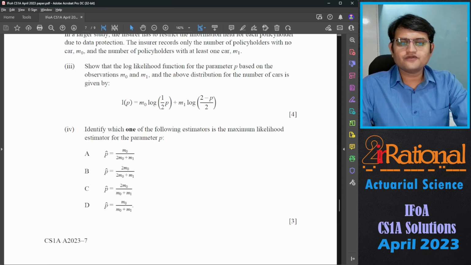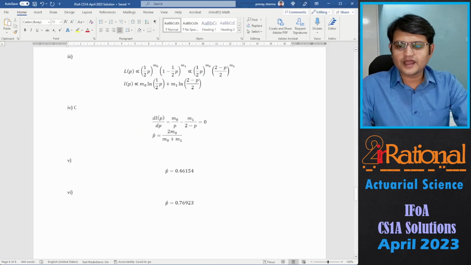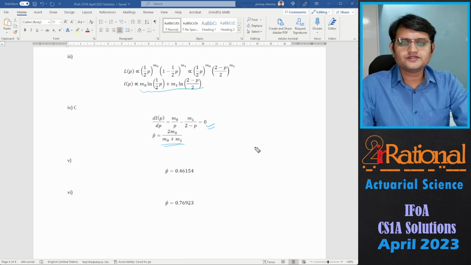Fourth part, identify which one of the following estimators is the maximum likelihood estimator for the parameter p. So we'll differentiate and we'll find the p hat. So now differentiate this, we get this, and simplify it, equate it to 0, simplify it, we'll get p hat as 2 M0 upon (M0 plus M1).